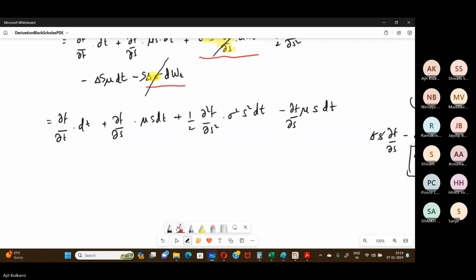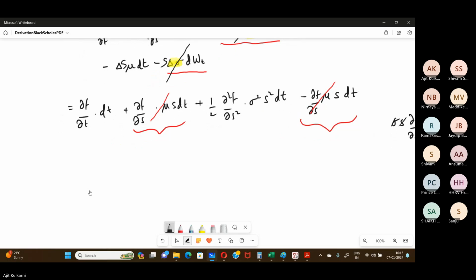So this term is same as this term with an opposite sign, correct? So this term also gets eliminated, and you're left with dou F by dou T into dt plus half of dou square F by dou S square into sigma square S square dt.